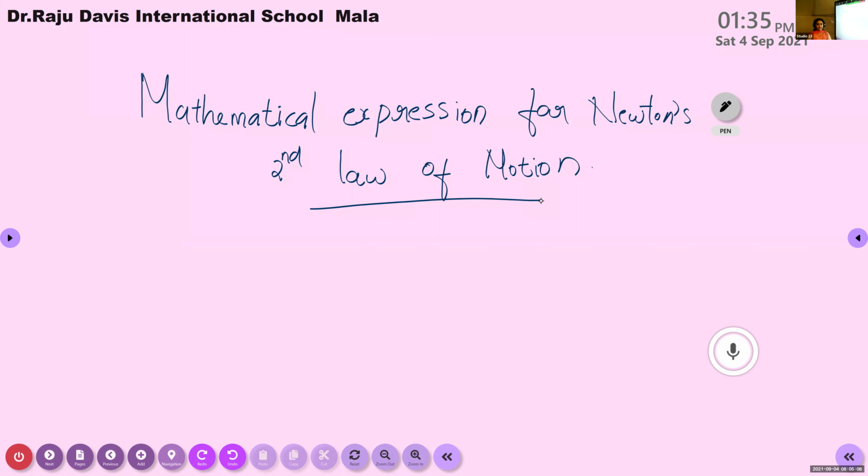So in order to derive an expression for Newton's second law, first of all, we can write an expression based on its statement. What does Newton's second law of motion state? Rate of change of momentum is directly proportional to the applied force.